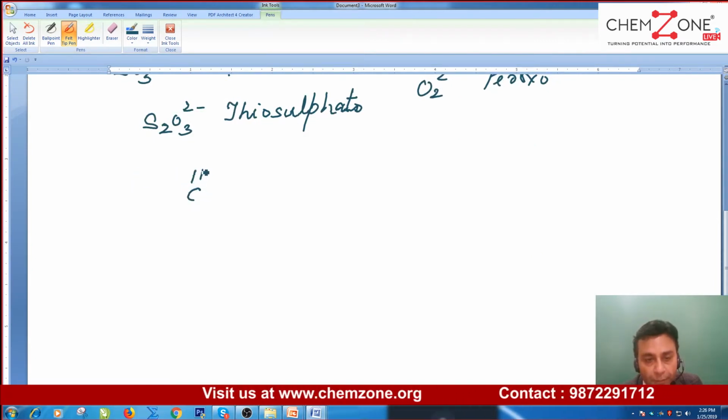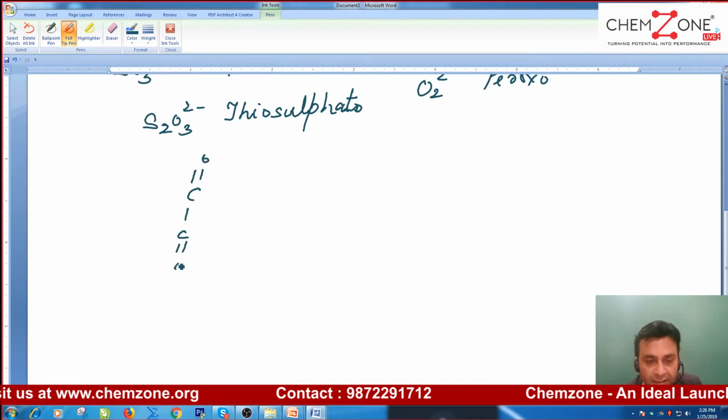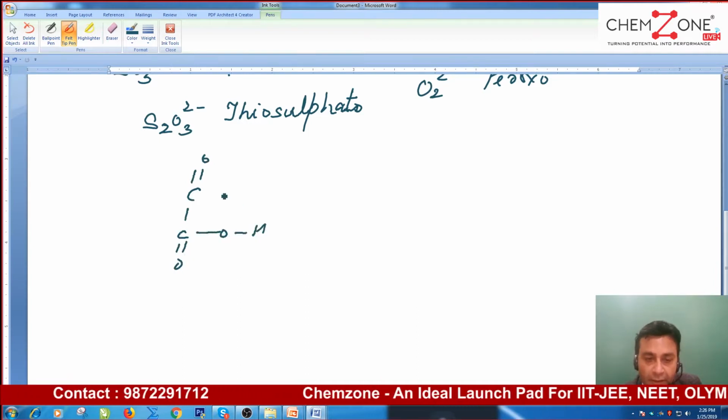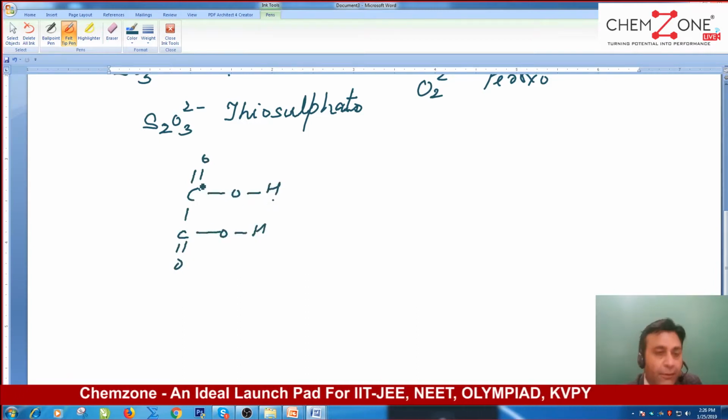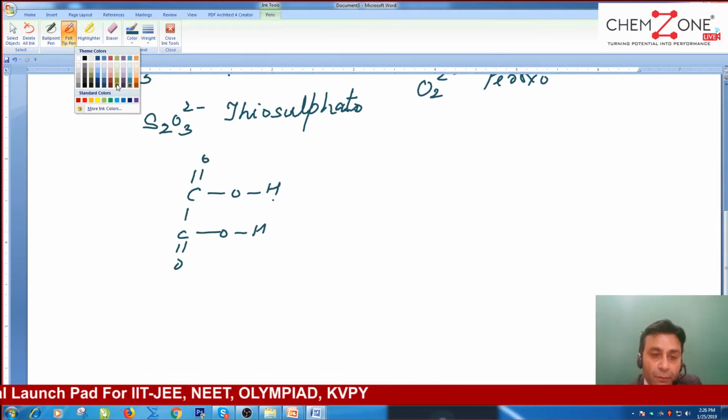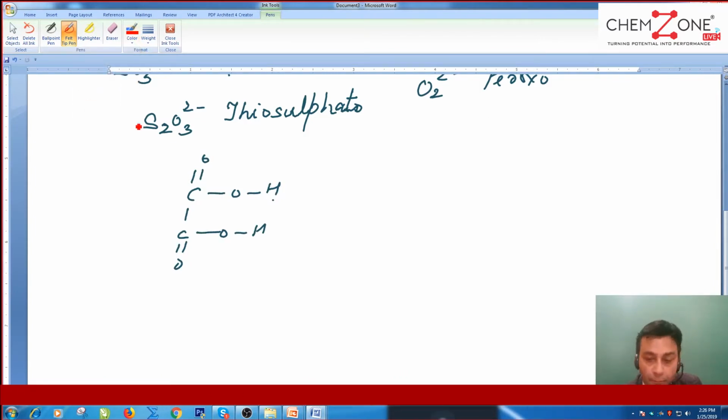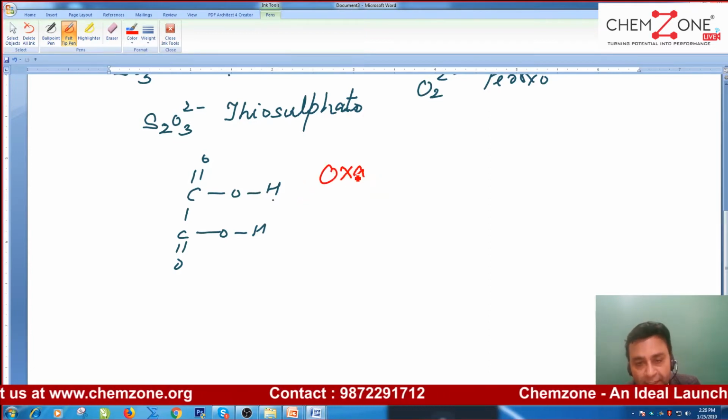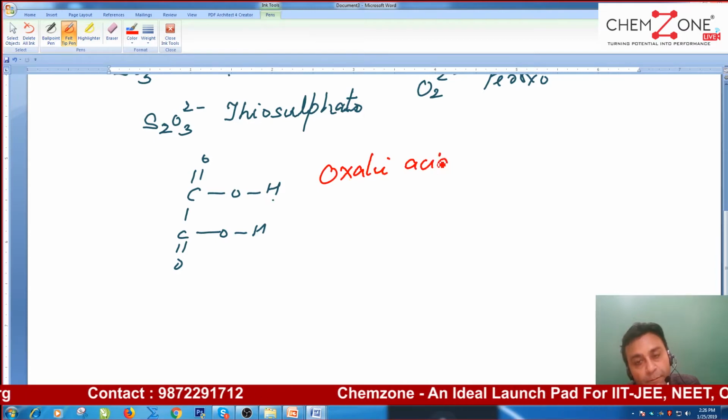Now you might have studied this particular molecule in your plus 2 basic classes. Can you tell me the name of this compound? This compound is called oxalic acid.